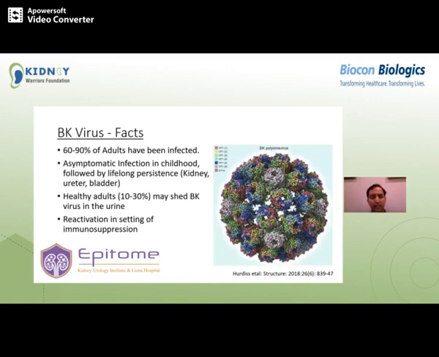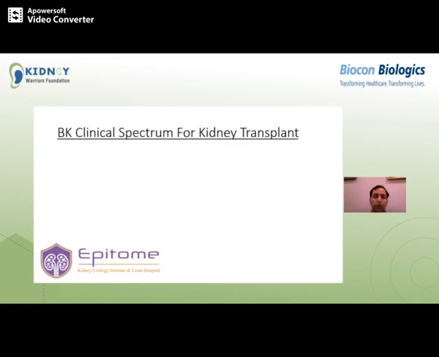In healthy adults, if we just start screening everyone on a regular basis, 10 to 30% of healthy adults will have BK virus in their urine at some point or the other. And only in the setting of immunosuppression is there this reactivation that can then lead to kidney damage, especially in kidney transplant patients.